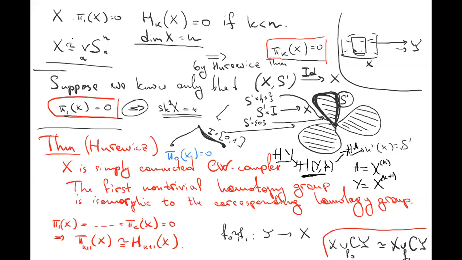But by what hypothesis do we have that? I guess it is not true that if your whole space has 0 homology, then any of its skeletons has 0 homology.